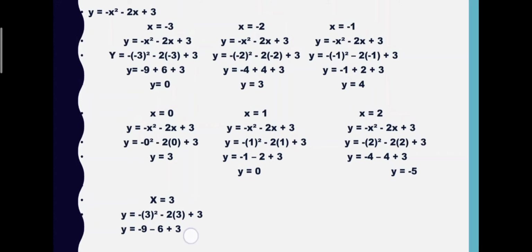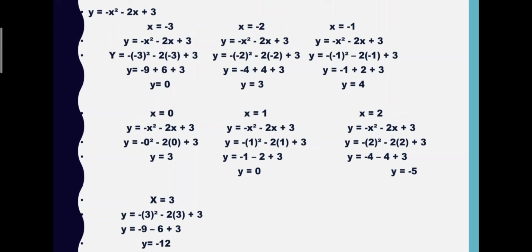Then, negative 2 times positive 3 is negative 6. Ito by minus 6, then copy, plus 3. Okay. So, negative 9 minus 6 is negative 15 plus 3, negative 12. So, ayan, meron na tayong value ng y.